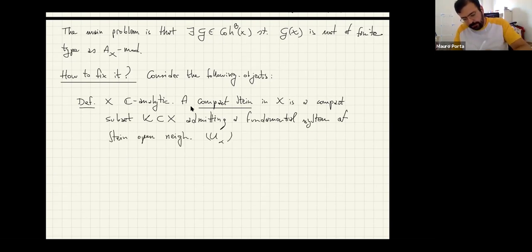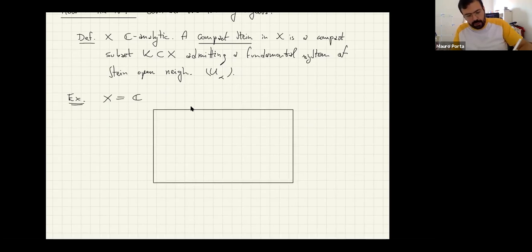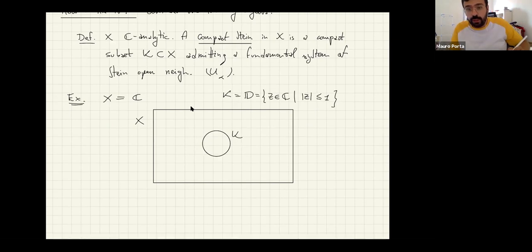Okay, so let me give you an example. You take X to be just C, and you take as a compact subset the closed unit disk. This is X, and we take K equal D, so these are complex numbers whose norm is less than or equal to 1.